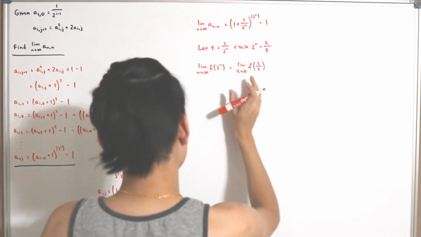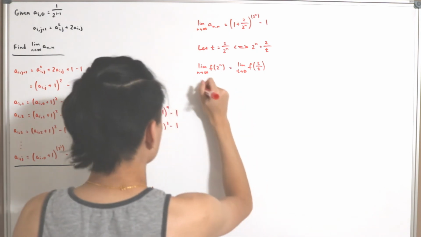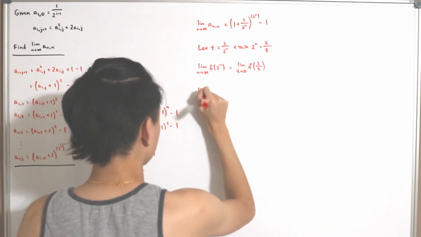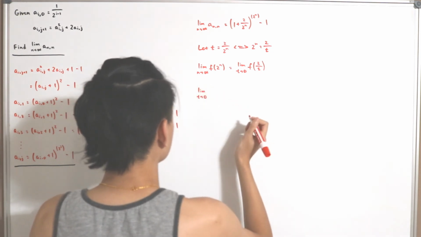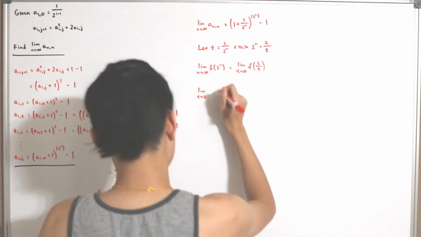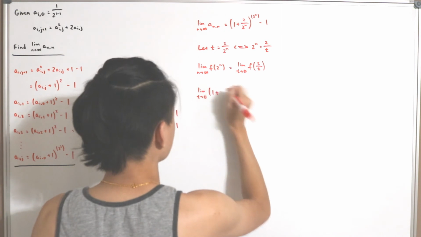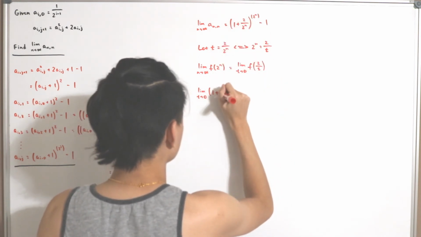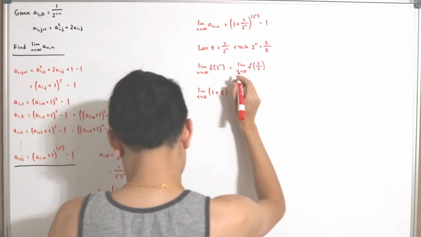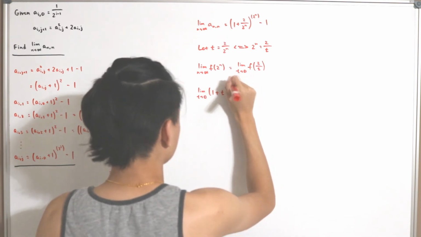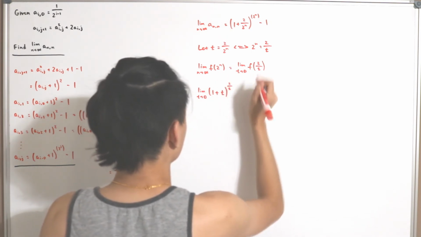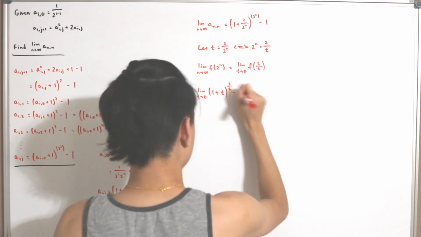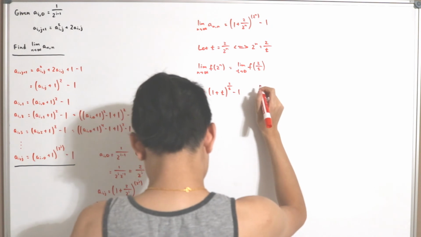Let's make our substitution. So we have the limit now as t approaches 0 of f, 1 plus t, that's supposed to be t, so t's over here, and then 2 divided by t right here. Yeah, there we go. And then minus 1, of course.